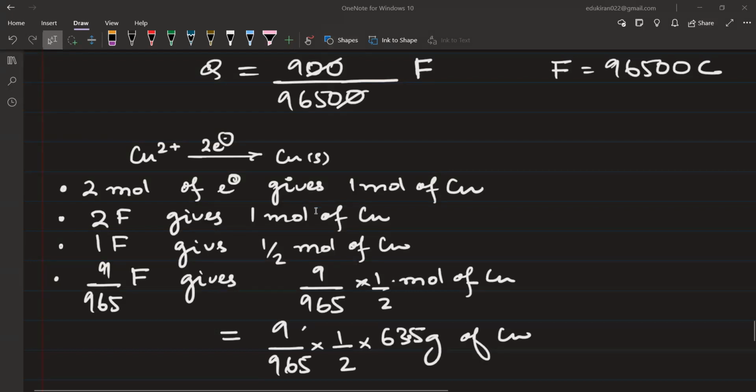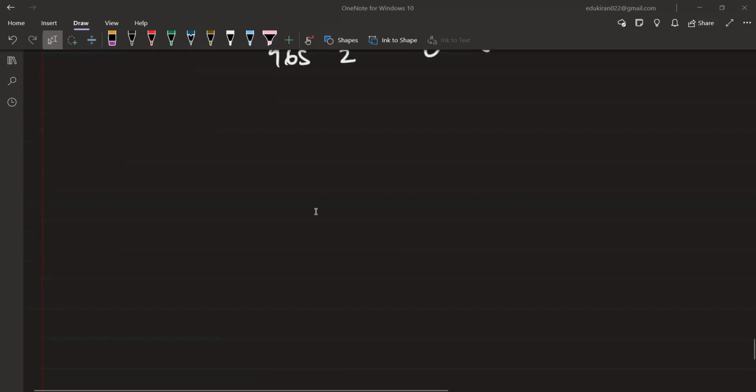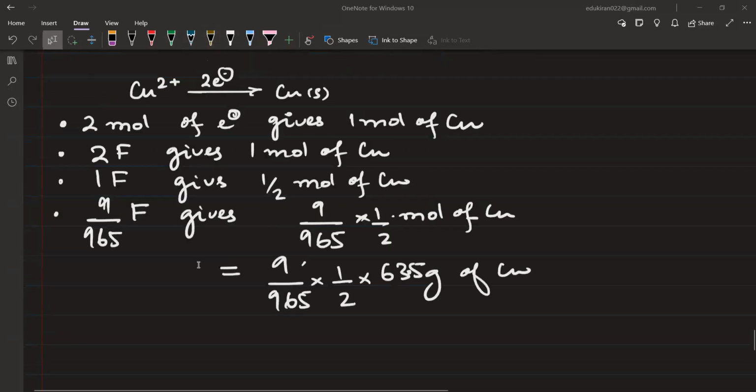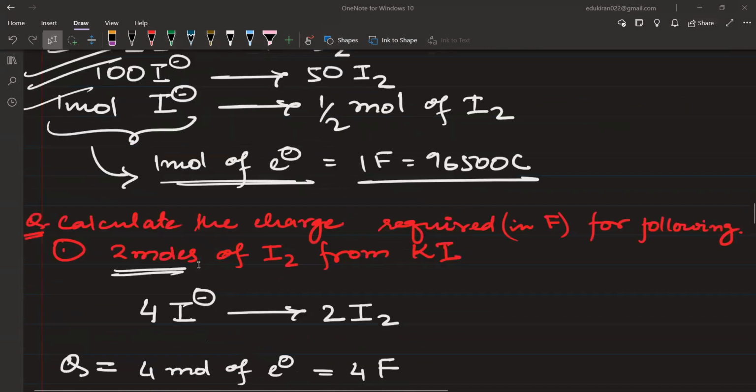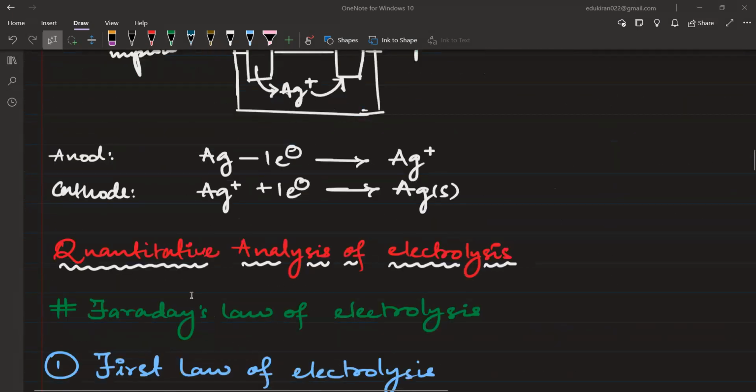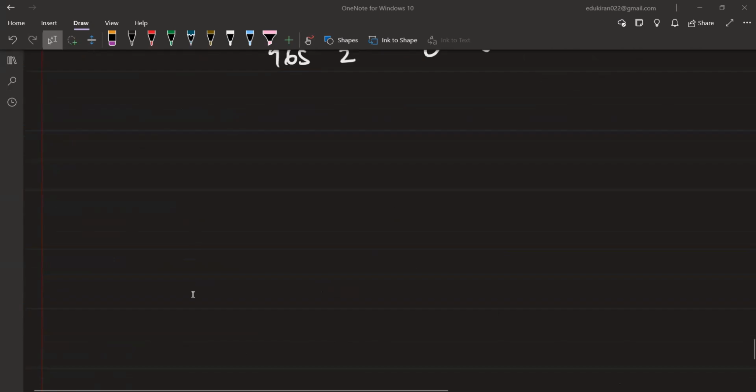Yes, sir. Write the second law. How are we writing the laws? Blue. Can all of you see the screen? Yes, sir. Can you see me writing also?